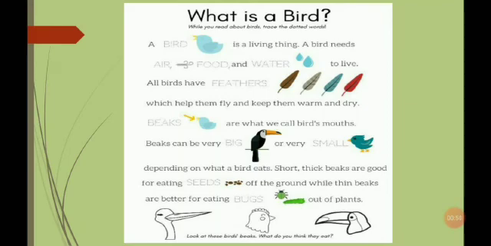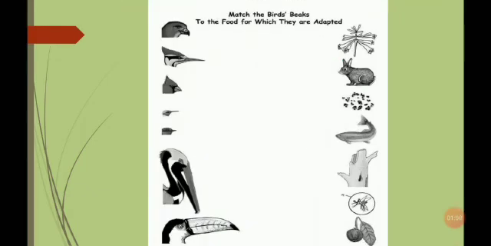Now, children, look at these birds and think what they can eat. Now, in the second activity, you have to match the bird's beaks to the food for which they are adapted. First beak is of shredder type that is adapted for tearing meat.